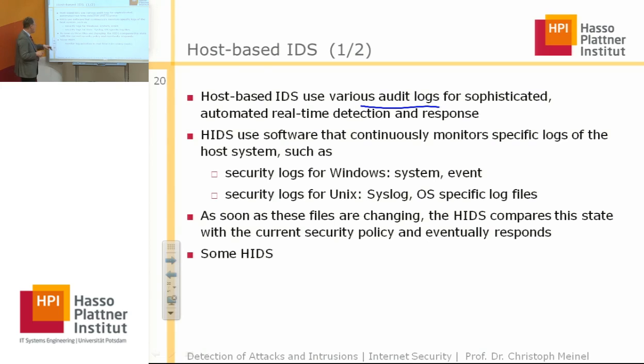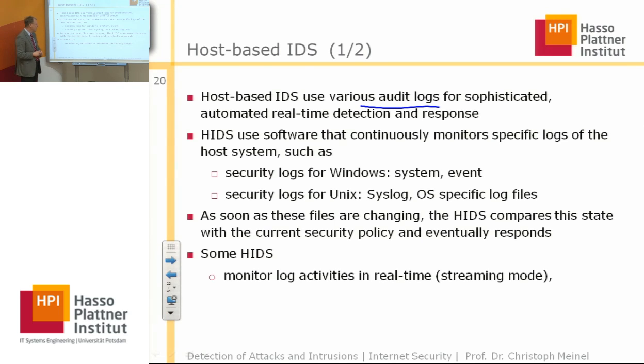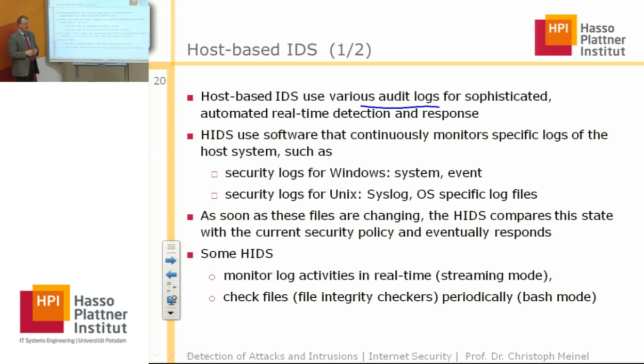Some of these host-based intrusion detection systems monitor log activities in real time. That's the so-called streaming mode. Others check files, the so-called file integrity checkers. This is done periodically, the so-called batch mode.